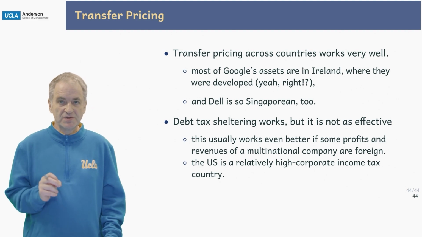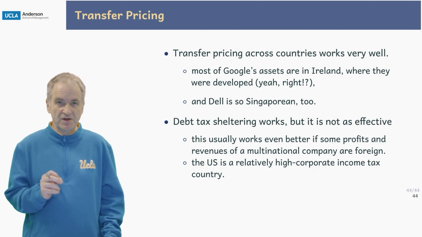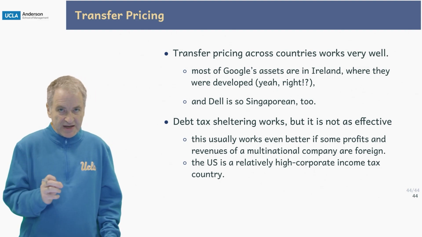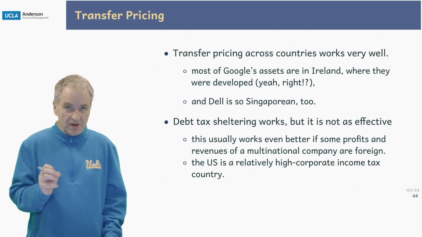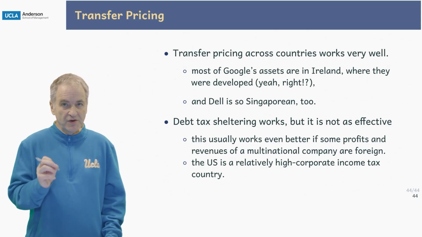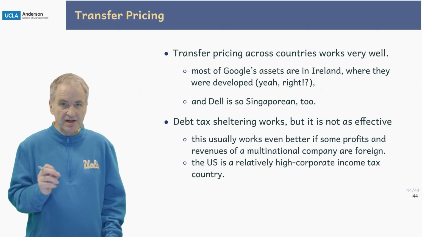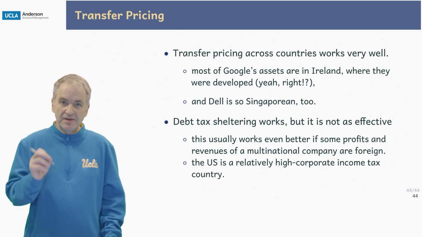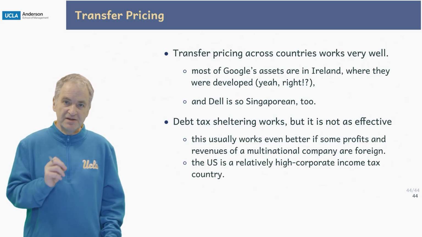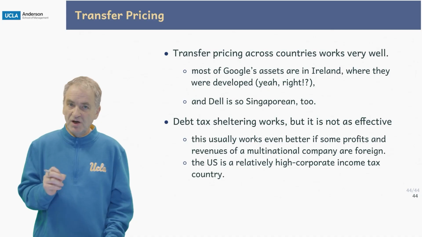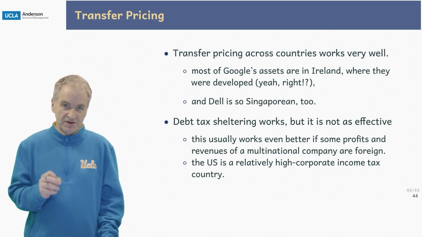For that reason, most of the assets of many large firms, especially tech firms, are actually in other countries. Ireland is a low tax country. All of the patents of Google and Dell and other firms are held in places like Ireland and Singapore, and their US operations are leasing them. That's not because they were developed in Ireland or Singapore.